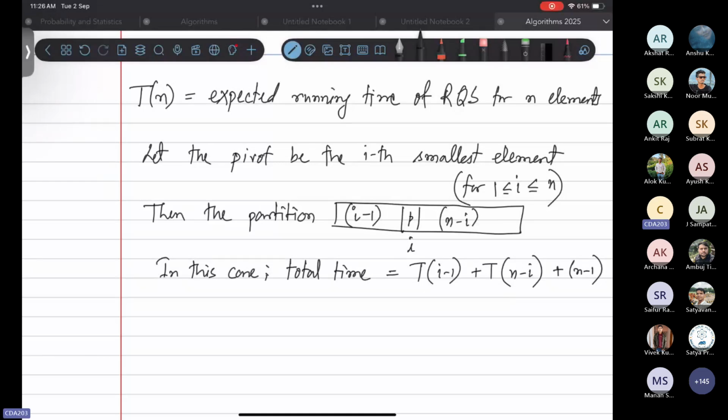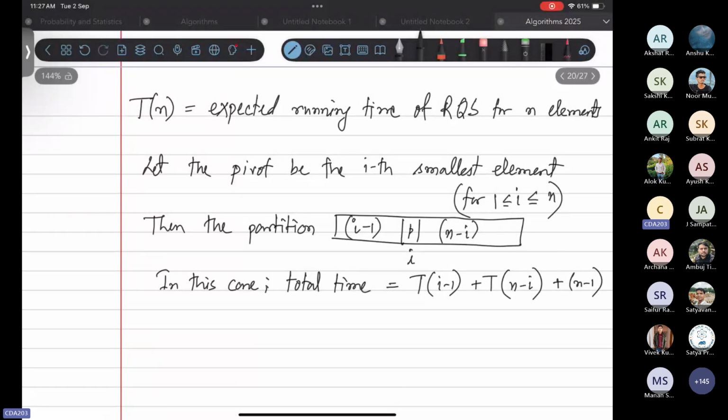Is this okay? Are you asking why this is n minus 1? It's basically O of n, and to make a tight analysis, I can restrict it to be n minus 1.